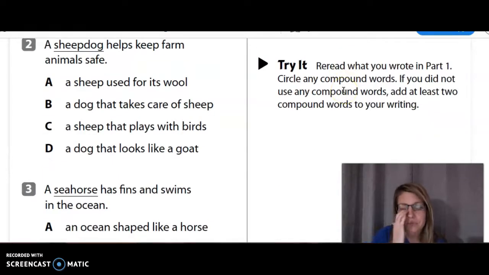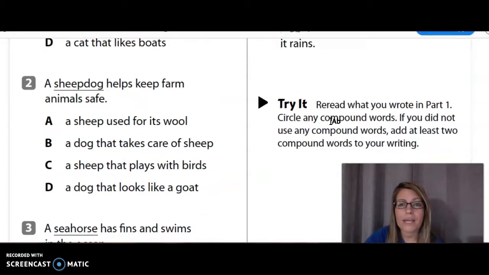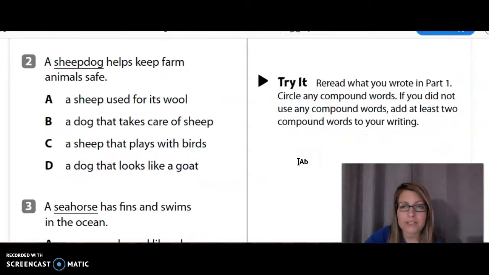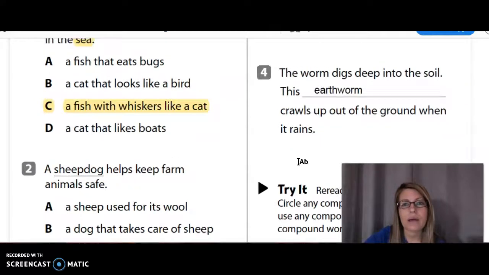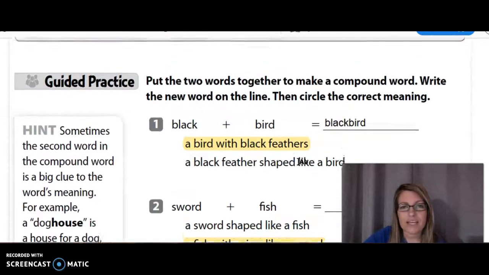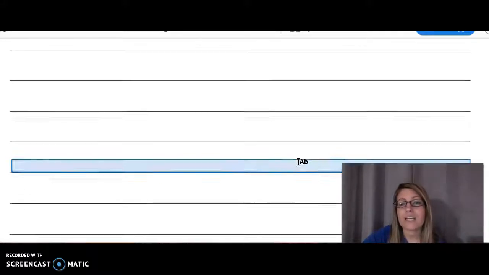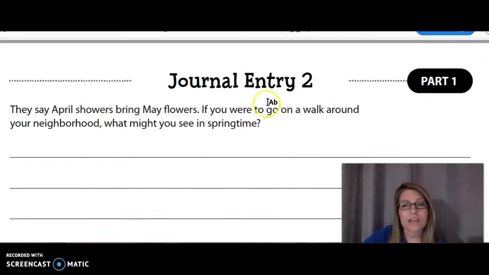All right. The last section that I'll have you do independently says to reread what you wrote in part 1 and circle any compound words. If you did not use any compound words, add at least 2 compound words to your writing. So they want you to go back to your assignment from yesterday.